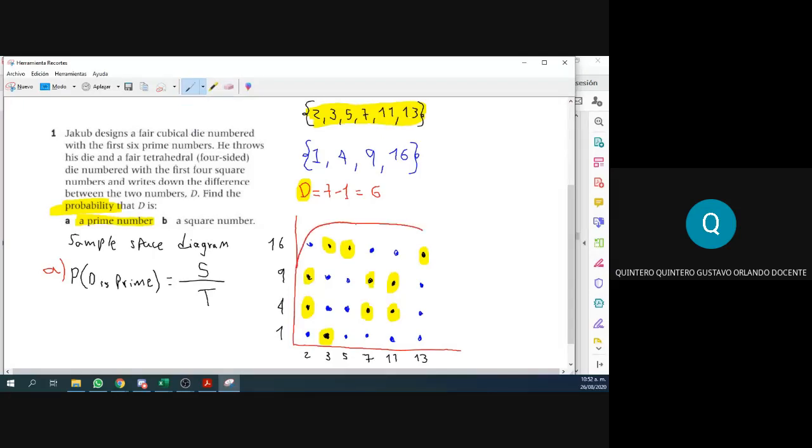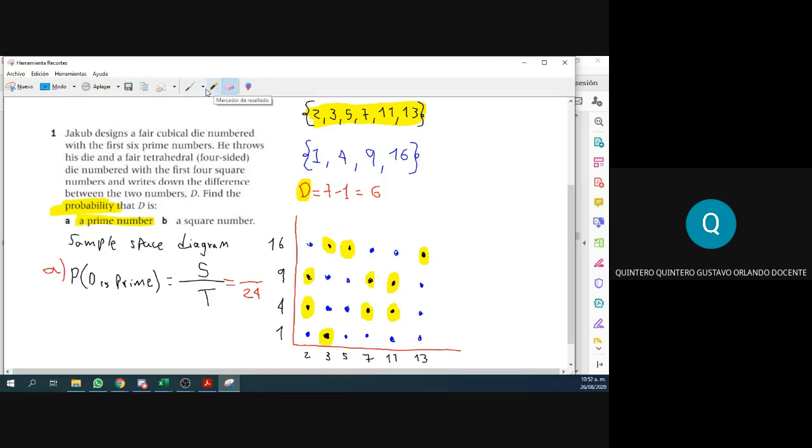Well, the total are every single dot that we have in here. Those are all the possibilities that we have when we throw the 2 dice, right? So we have a total of 24 possibilities. You can count them, right? The little dots, 24 possibilities.